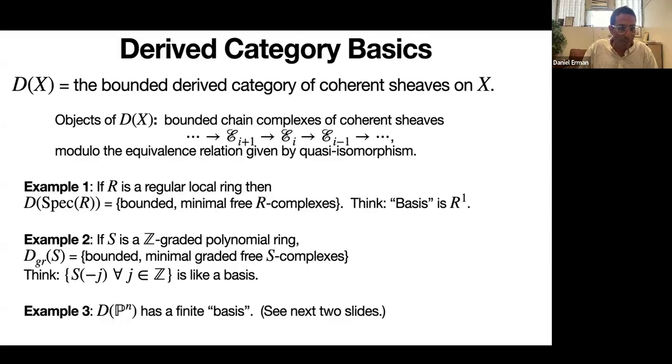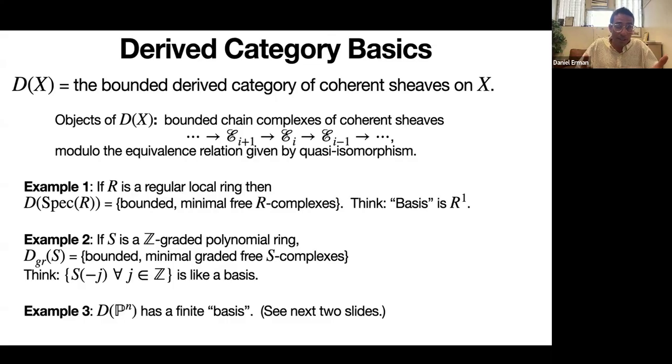Okay, so let me give a couple examples, right? The first example is if you take something simple like a regular local ring, then the derived category of spec of it is equivalent to the category of bounded minimal free complexes. It's also equivalent, if you prefer, to the homotopy category of bounded free complexes.